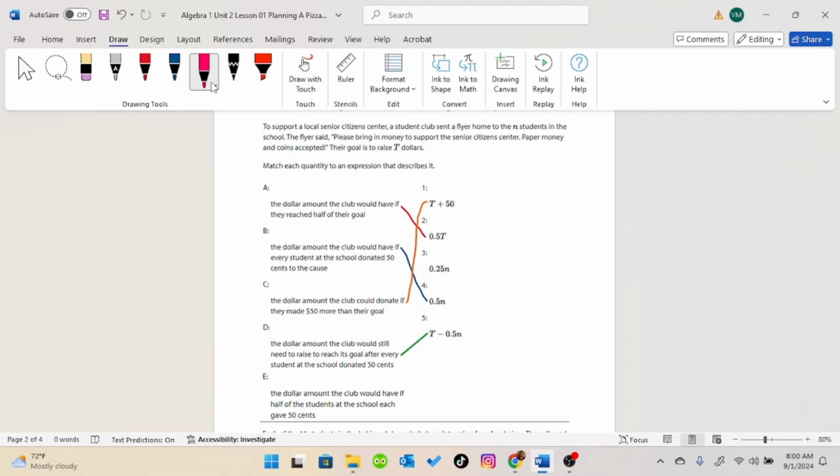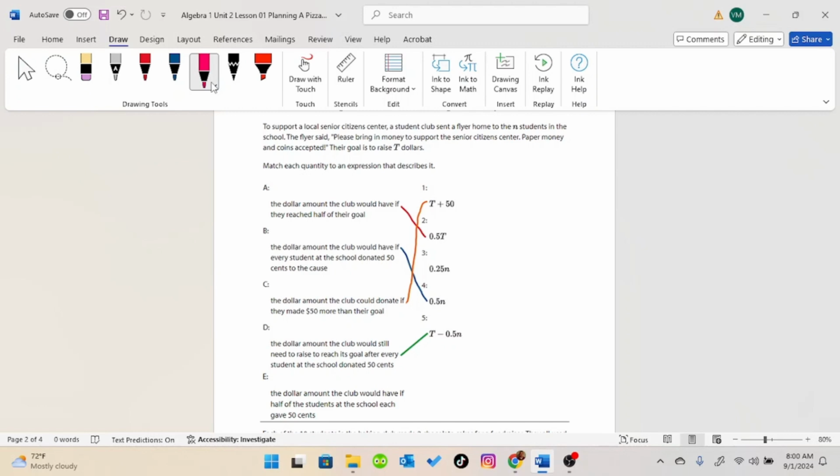That may not look correct at first glance, but if you think about it, we would take 0.5 to represent half the students, and we would multiply that times the number of students. Then we would take that and we would multiply it by 0.5 again to represent the 50 cents.